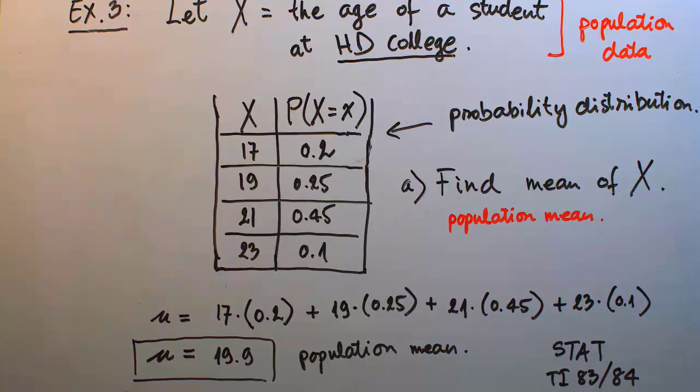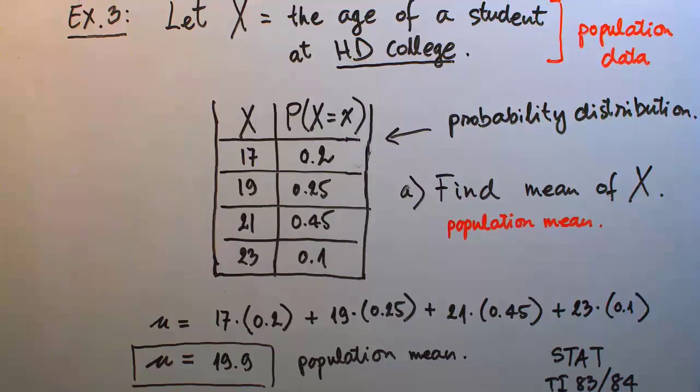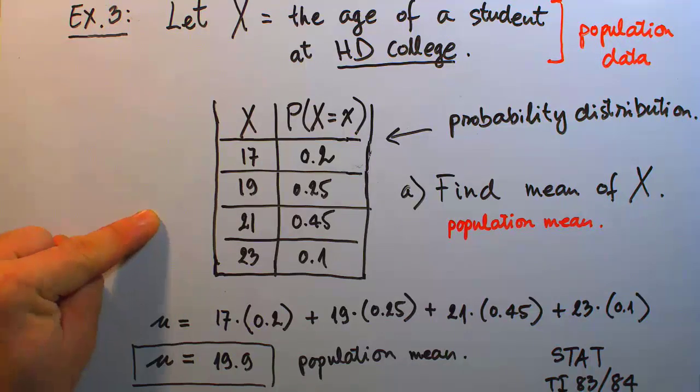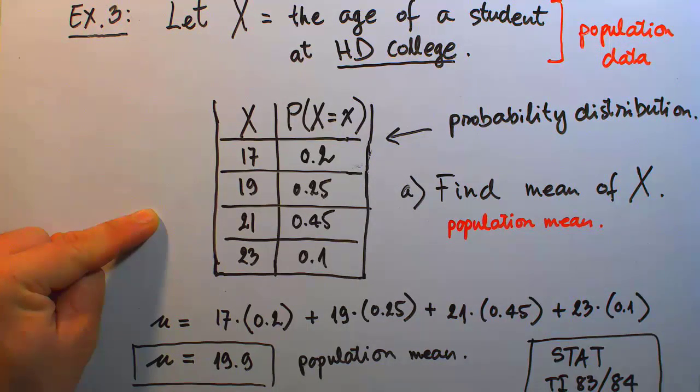I have to really clarify, in case anybody is falling into that mistake: for calculating the population mean from a given probability distribution like this, there is no technology that can help you with that. So this route using the stats button on the TI 83 or 84 calculator will not work on this.